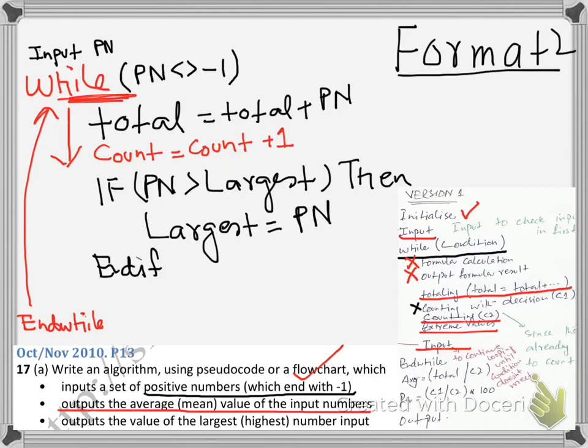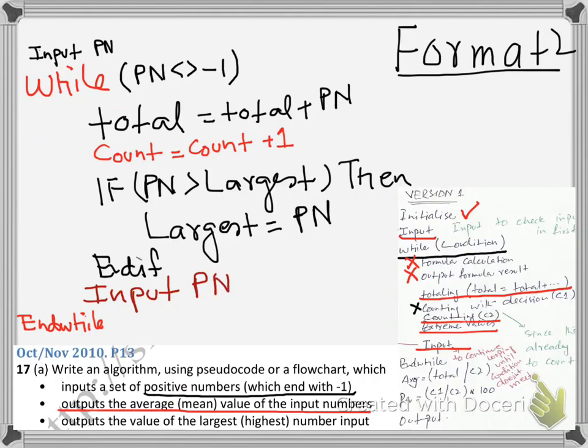So you would do the rest, and then before you go back to while, you would have to have the next input. That would be the input inside the loop. So here we will take that input, and this would be the same input as above, meaning input positive number. So this input is done as well, this end while is done as well.